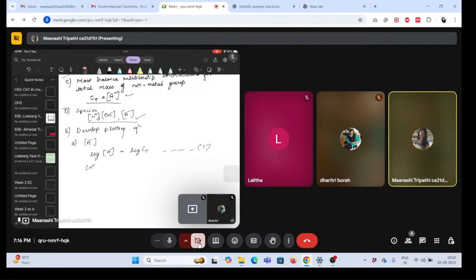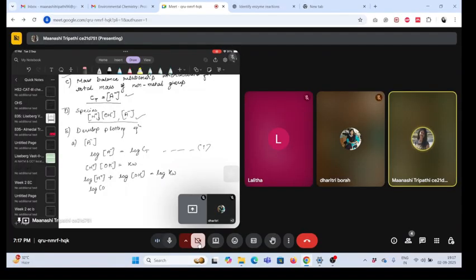Other species also have log equations. We know H plus times OH minus is equal to Kw. Putting log on both sides, what will happen? Log H plus plus log OH minus is equal to log Kw. And what can we write?